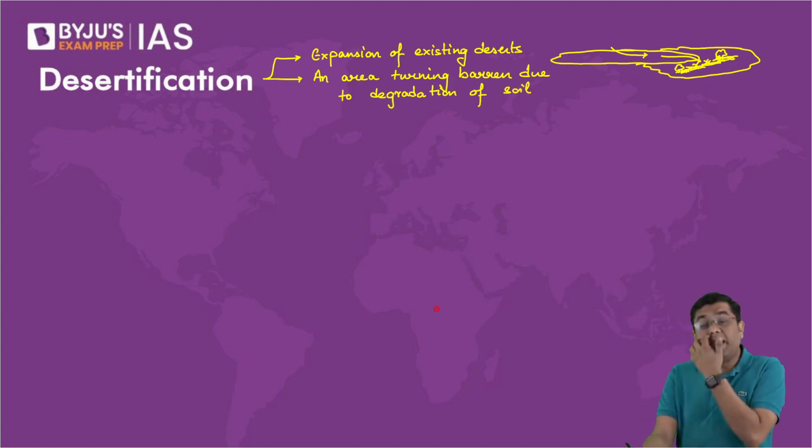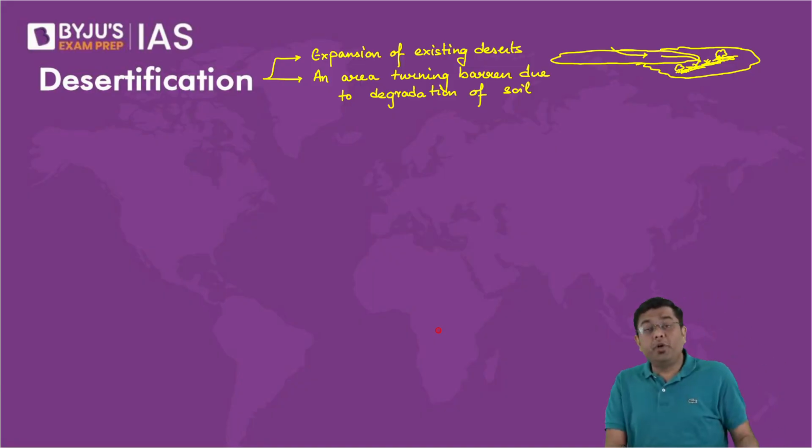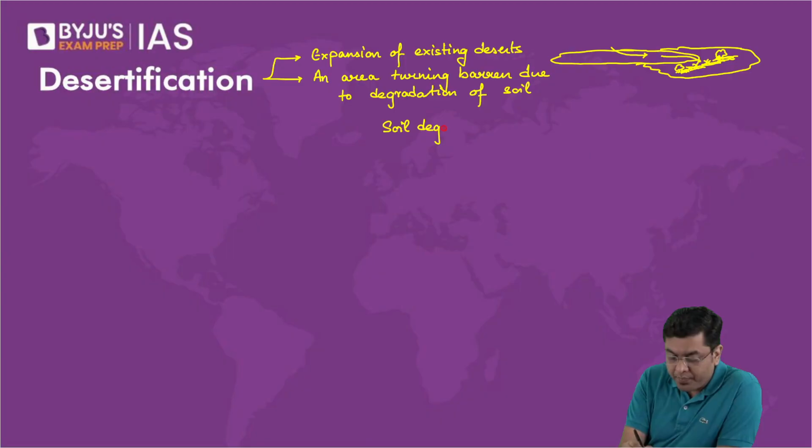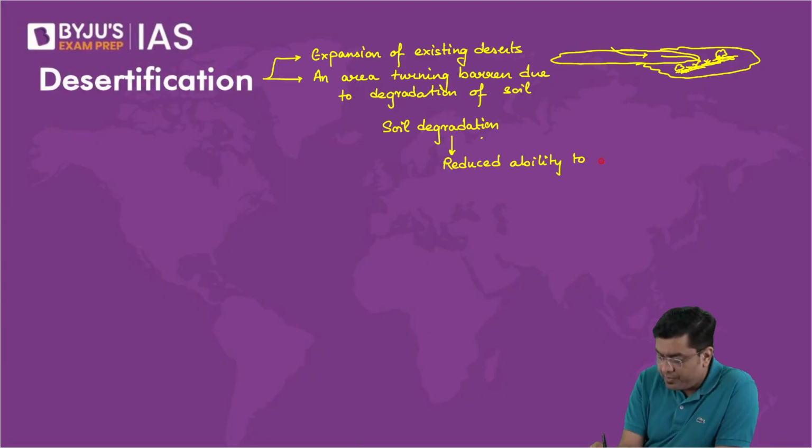So how is it that a barren reach or a degradation of soil can lead to desertification? The process is very simple. When we talk about soil degradation, for example, it will lead to reduced ability to support plants.